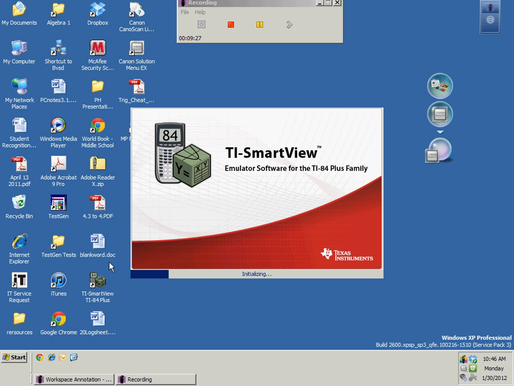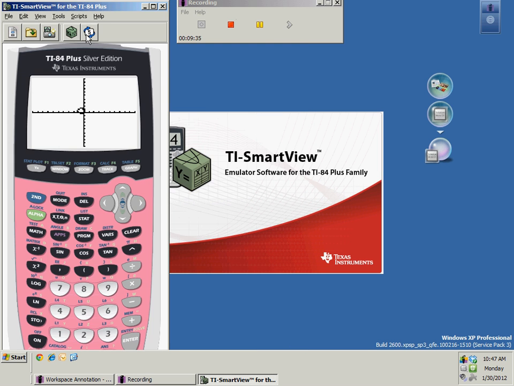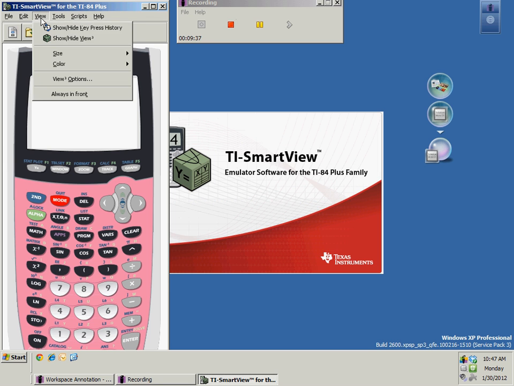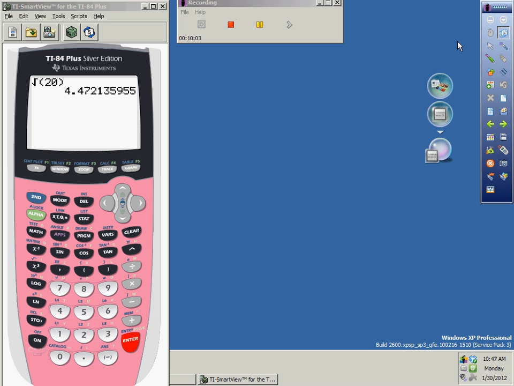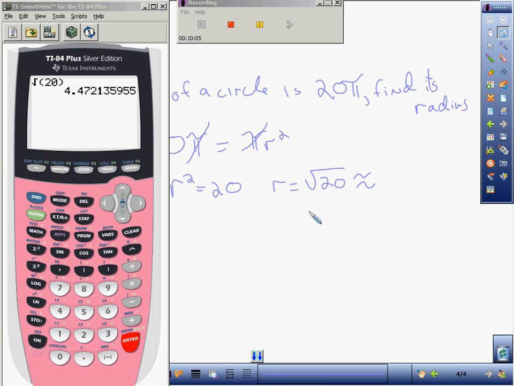Second square root, which is over here, of 20, and I get approximately 4.47. All right. So going back, the answer should be about 4.47. That is inches. Right?